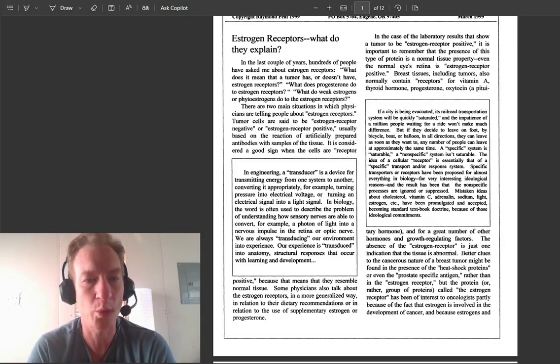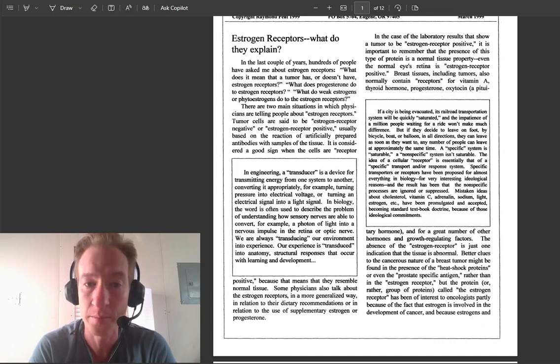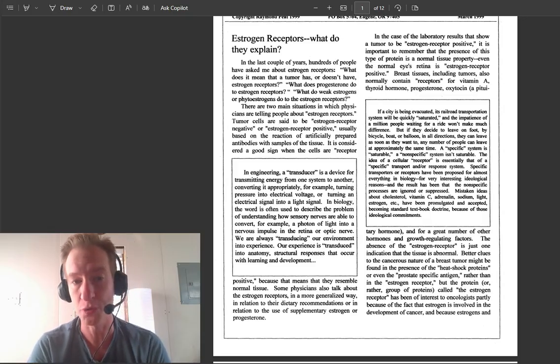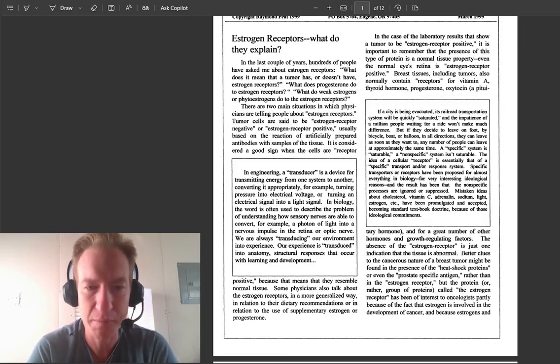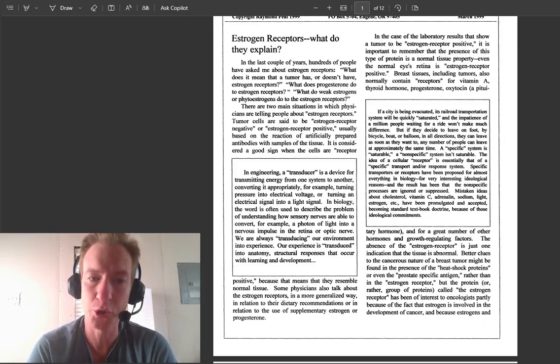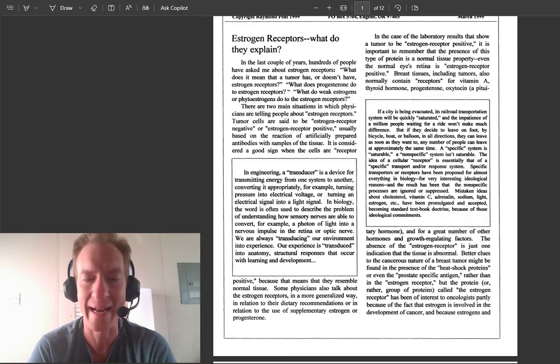In biology, the word is often used to describe the problem of understanding how sensory nerves are able to convert, for example, a photon of light into a nervous impulse in the retina or optic nerve. We are always, quote-unquote, transducing our environment into experience. Our experience is, quote-unquote, transduced into anatomy, structural responses that occur with learning and development.